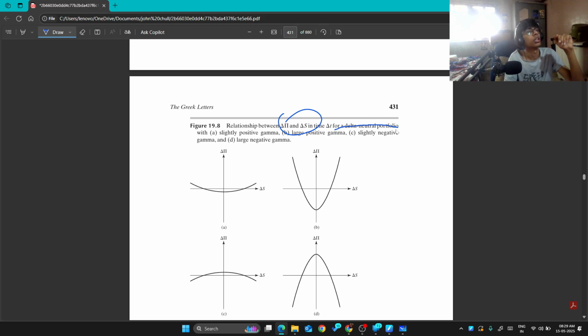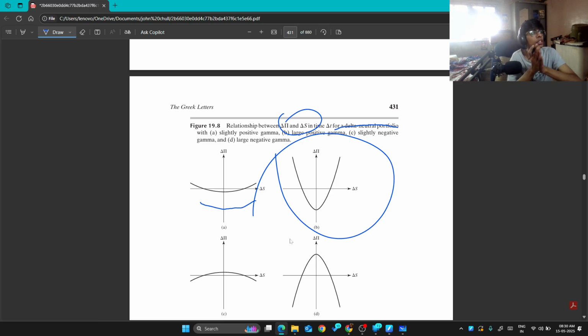With a delta neutral portfolio and slightly positive gamma, it has a slightly parabolic, convex effect. As there is a large positive gamma, the curvature becomes more convex, and if gamma is slightly negative, the convexity flips and the curvature shifts to the negative side.